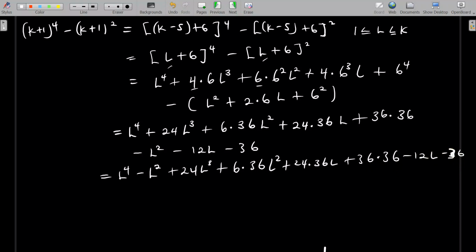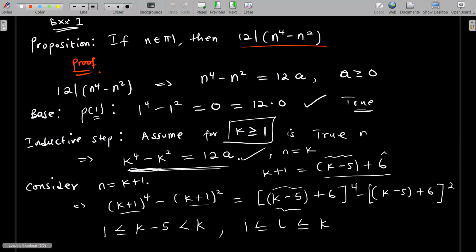This one is 36 here. So notice that we said if you have for n equals k, anything that is below that, anything that is within this, this inequality here is supposed to be less than that. We know L is k minus 5, so k minus 5 is less than k. So anything from all the way from k to all the way to 1 satisfies the idea, so L is below k, which means L to the power 4 minus L squared should be written as 12a.